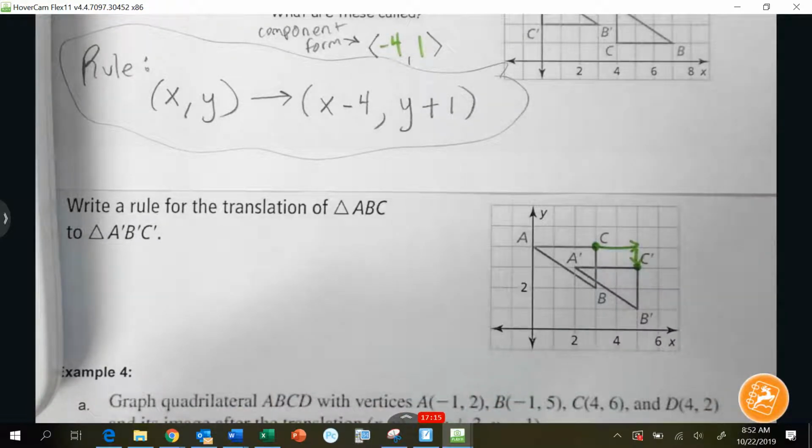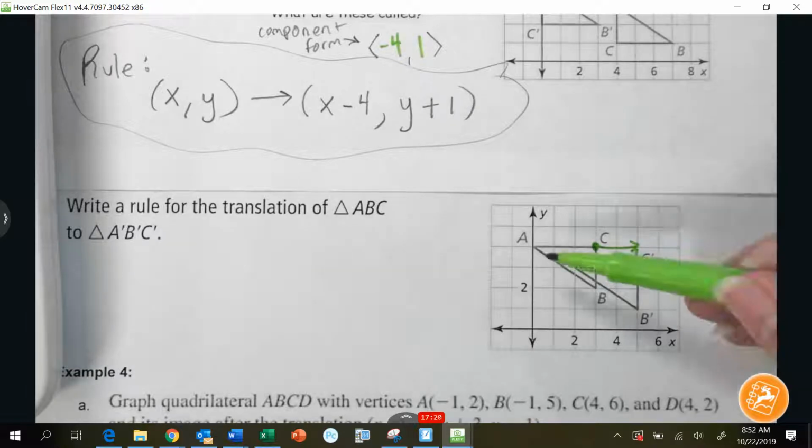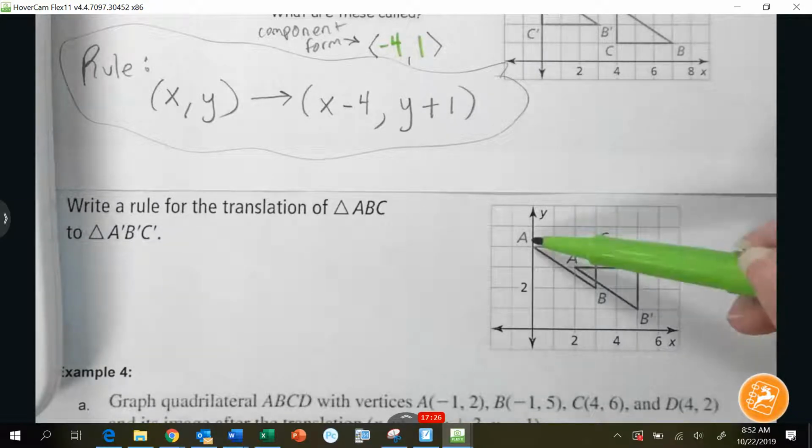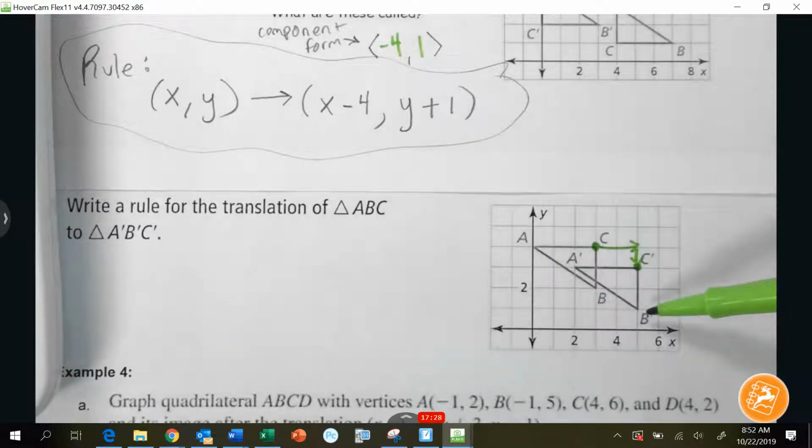Does it matter which point I look at? Alex, do you think it matters if I look at A or look at C? Will I get a different answer? What if I look at A and I go to B prime? Yeah, I would get a different answer then. But we want, obviously, A is going to go to A prime. C is going to go to C prime. It doesn't matter which one you look at.